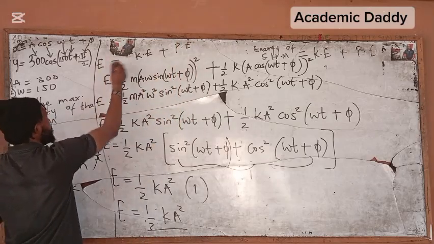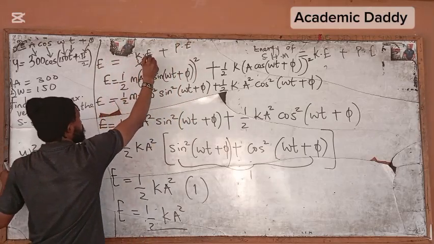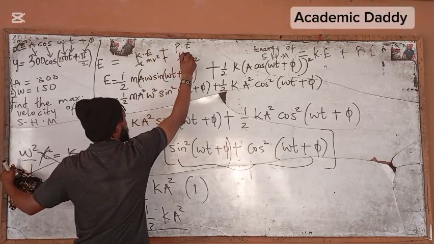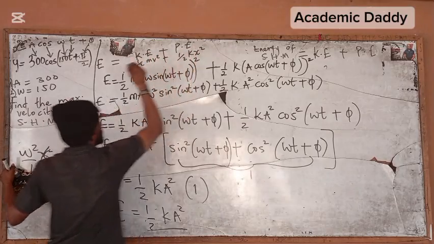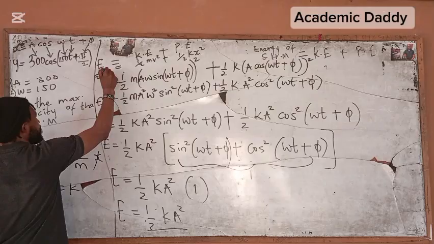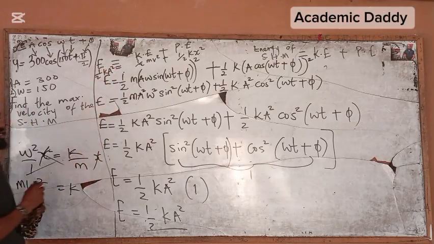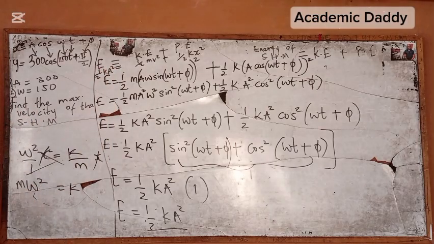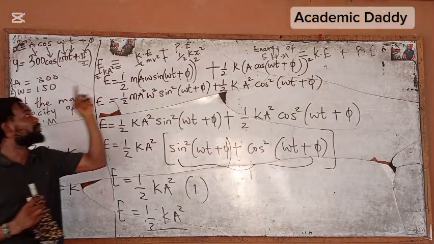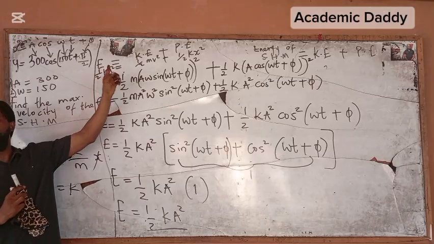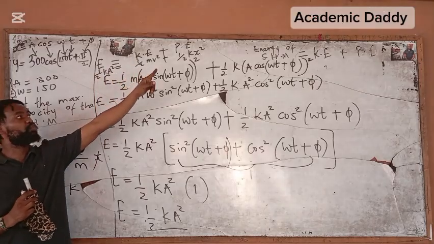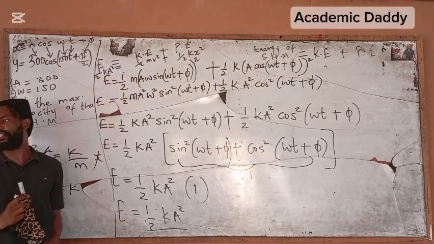Yes. That time I did half mv squared and half Kx squared. This one then becomes half Ka squared. So this is the energy found in a simple harmonic motion. The energy in a simple harmonic motion is given by half Ka squared is equal to half mv squared plus half Kx squared.